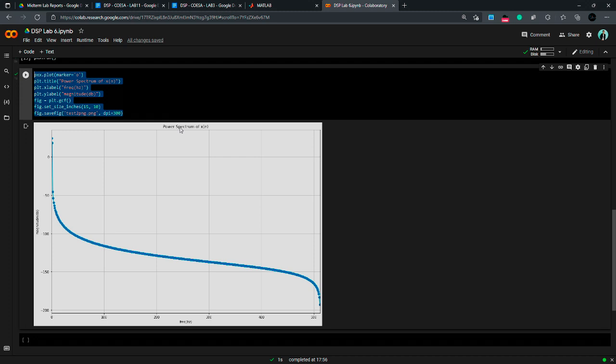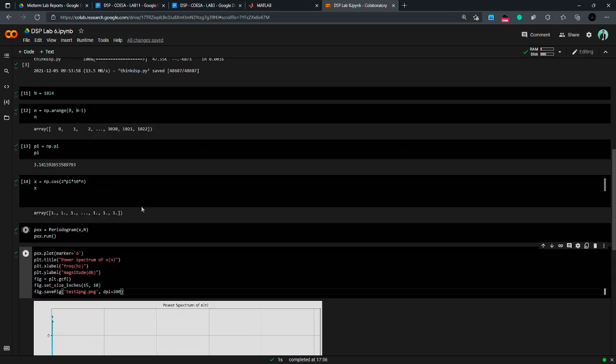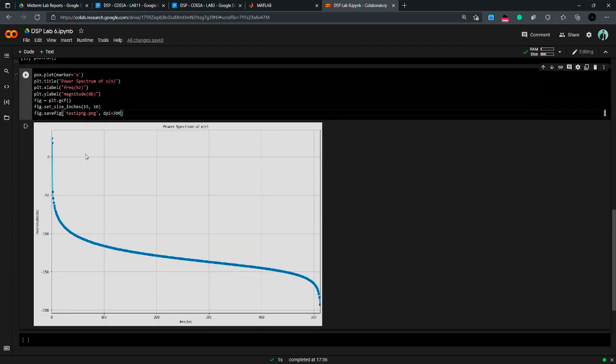That's all for this activity. As we can see here, before we terminate this video, the values are forming somewhat of a curve, given that our x value will give this plot. That's all. Thank you.